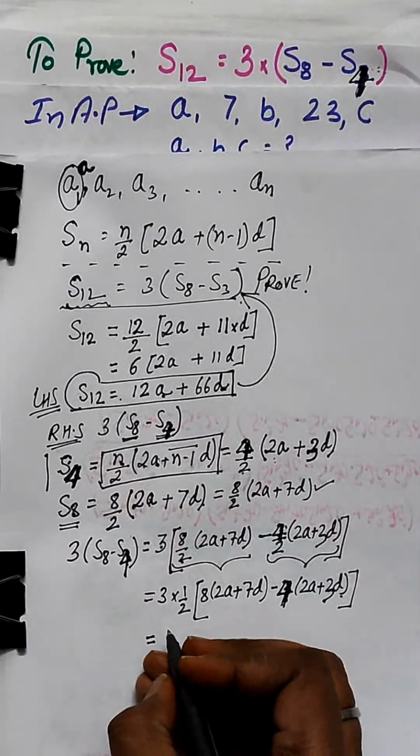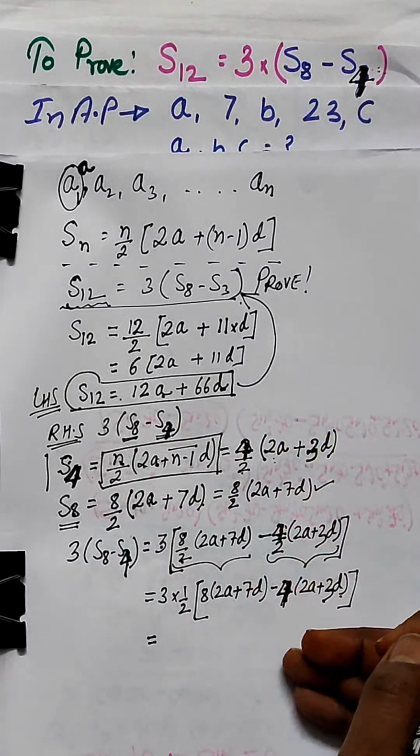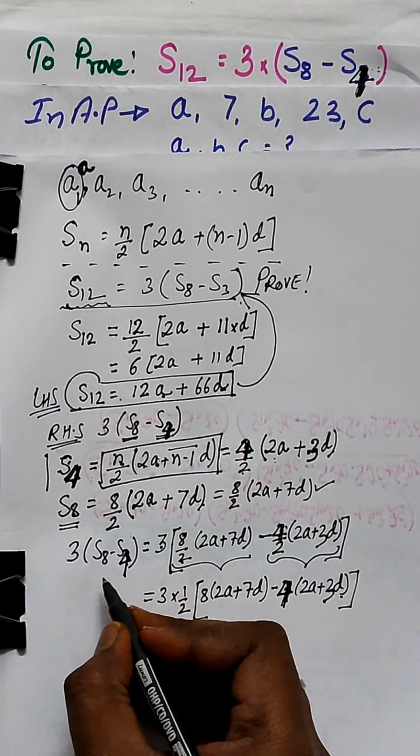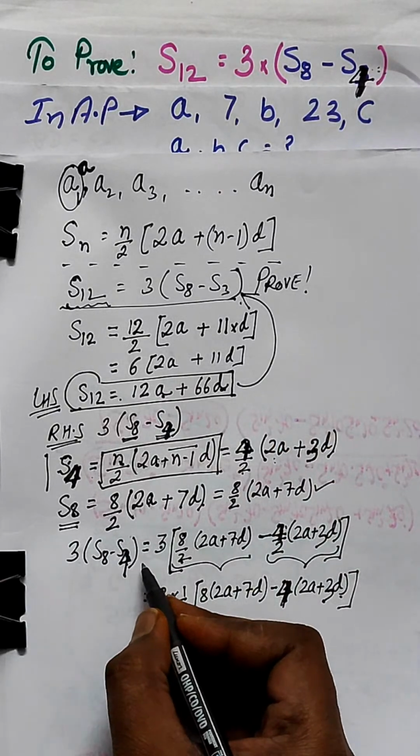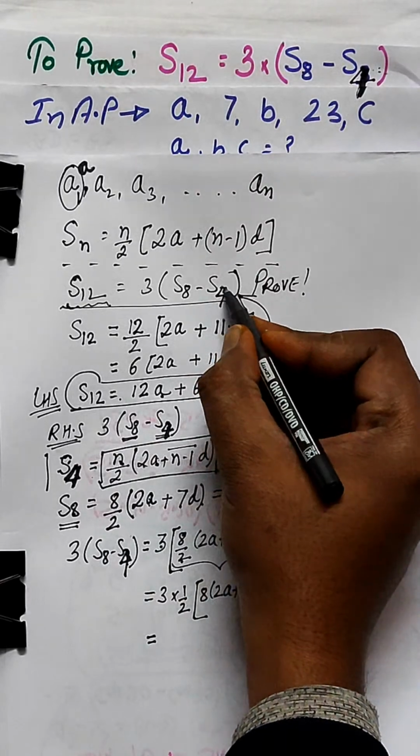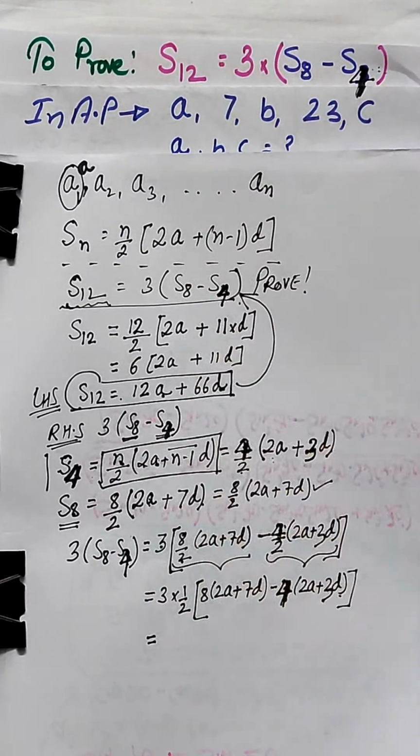Now, putting in the value and rechecking, it will come like this. The RHS will be 3 times S8 minus S4, right? So here also I need to correct. This needs to be proved, right?